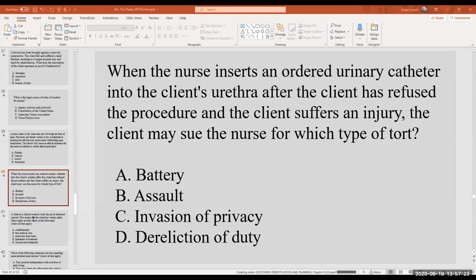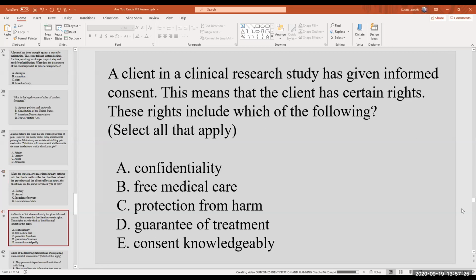Miss Sue, can you let me in? I'm trying to log on through my computer. Okay. Thank you. I don't have anybody in the waiting room. It's saying please wait for the host to start the meeting. Are you in the right one? You might be in the wrong Zoom.